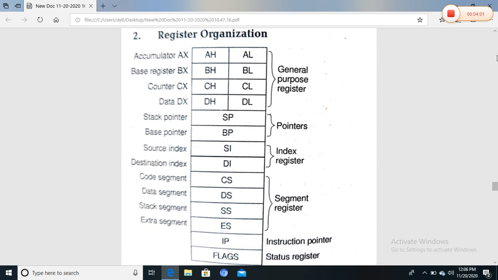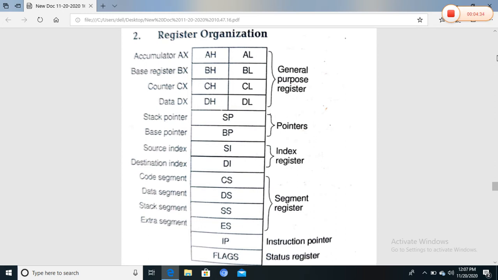AH and AL, each 8-bit, are referred to as the AX register, the accumulator, a 16-bit register. The lower 8 bits of AX are designated by the AL register and the upper 8 bits by the AH register.